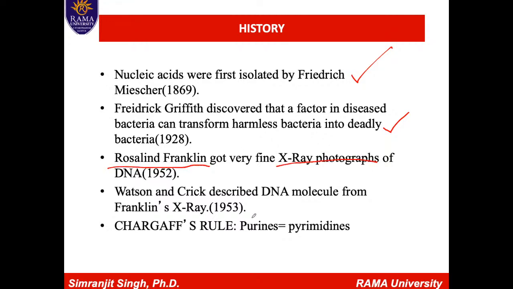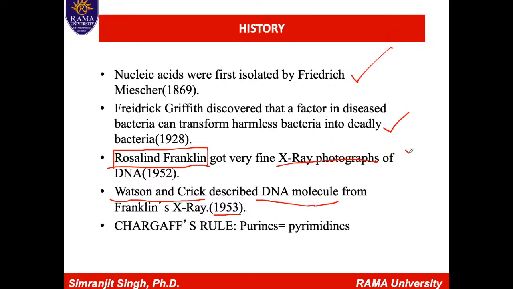But later on, the big discovery in 1953 by Watson and Crick: they took the Franklin X-ray and described the DNA molecule. But I would say the key master was Rosalind Franklin, who discovered the X-ray crystallograph.